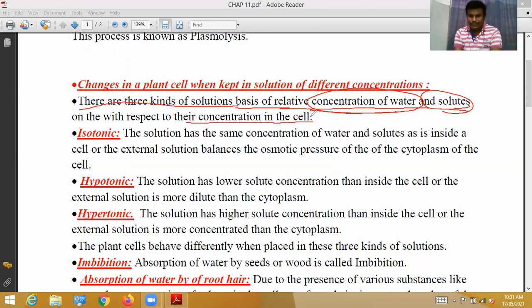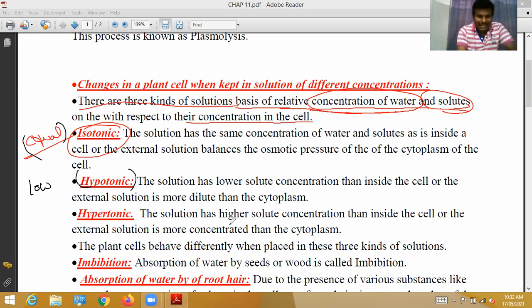Externally, whatever solution they have taken, the concentration of water and solutes shows variations with respect to the concentration of substances inside. Isotonic means equal. Hypotonic means low. Hypertonic means higher.